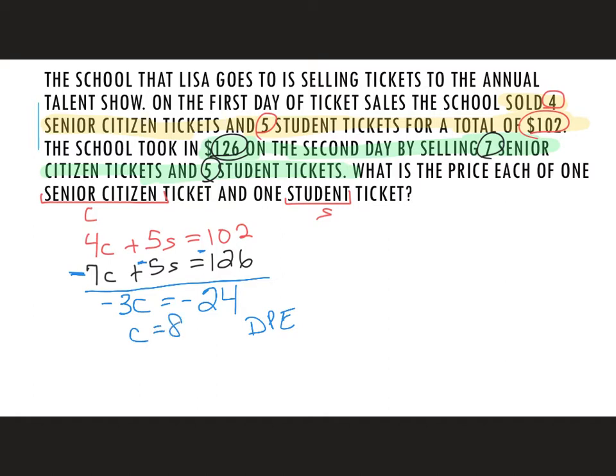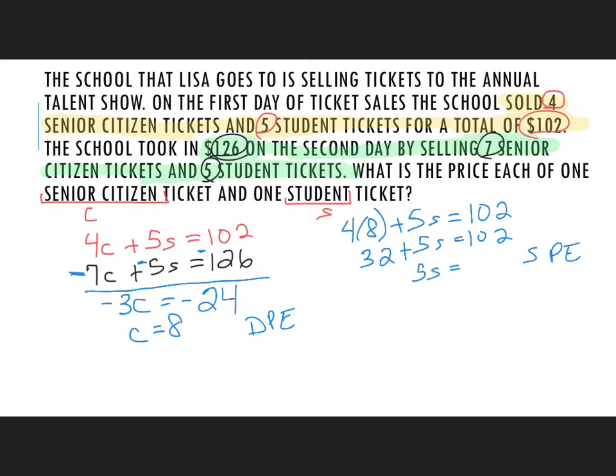Well, now that I know my cost for C, I'm going to use the top equation, so 4 times 8 plus 5S equals 102. 4 times 8 is 32, plus 5S is 102. So I'm going to use my SPE and subtract 32 from both sides.